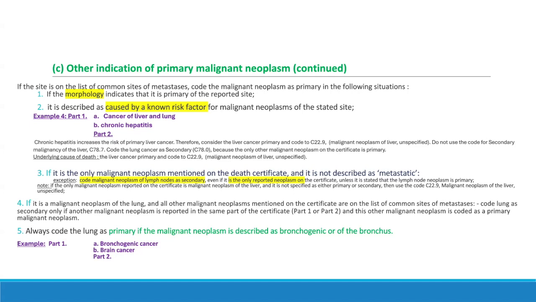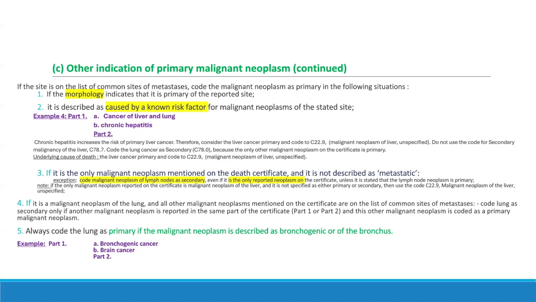Unique cases of certificates: if the neoplasm is the only one mentioned on the death certificate and it is not described as metastatic, it should be coded as primary, except for lymph node neoplasms, which are coded as secondary unless explicitly stated as primary. Lung cancer specifics. Lung cancer should be coded as secondary only if another primary malignant neoplasm is reported in the same part of the certificate.